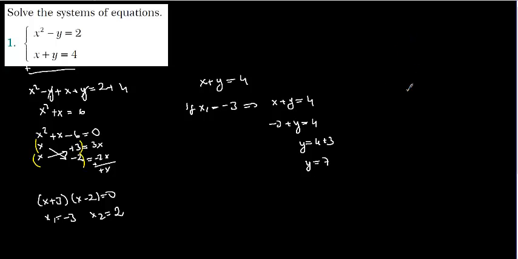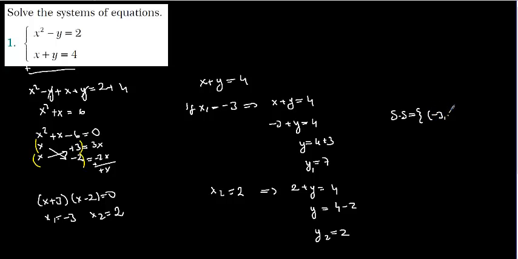And the second one, if x2 is equal to 2, it means that 2 plus y is equal to 4, y is equal to 4 minus 2, so y2 is equal to 2. This is x1, this is y1, this is x2, this is y2. So the solution set with the ordered pairs is minus 3, 7, and 2, 2.